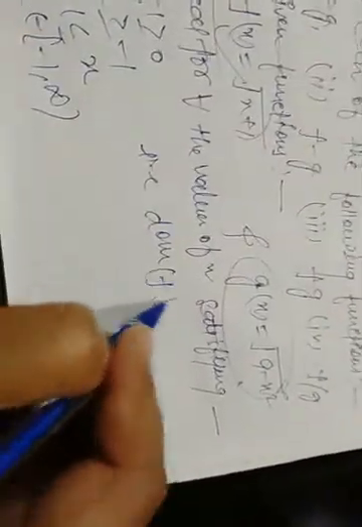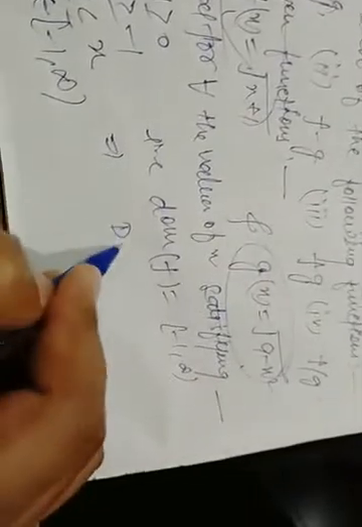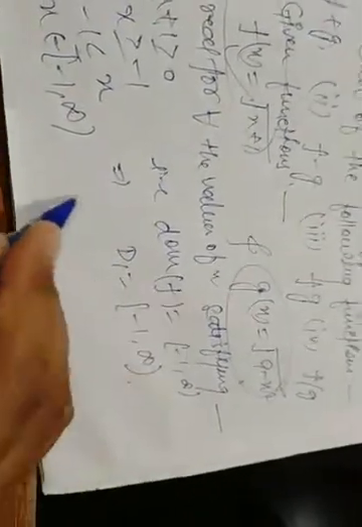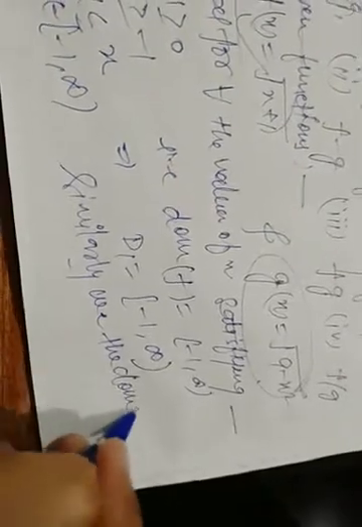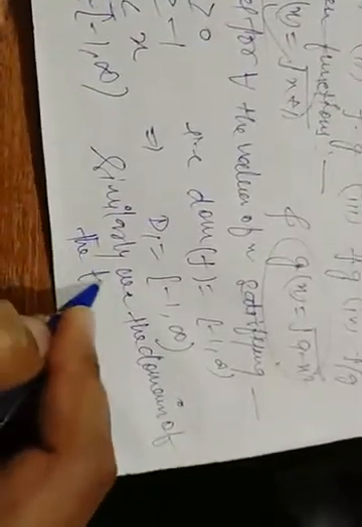The domain of function f is given by minus 1 to infinity, that is D1 is equal to minus 1 to infinity. Similarly, we find the domain of the function g of x. Let's see on the next page.